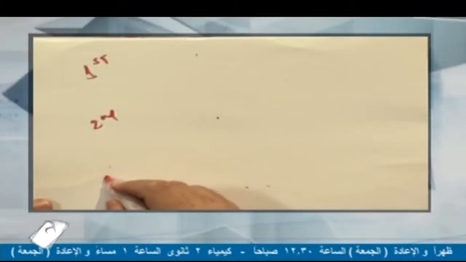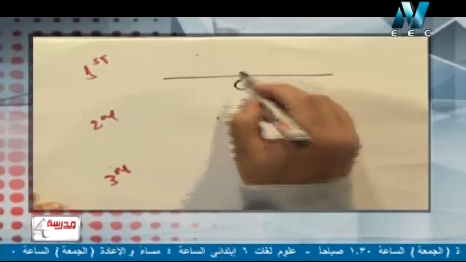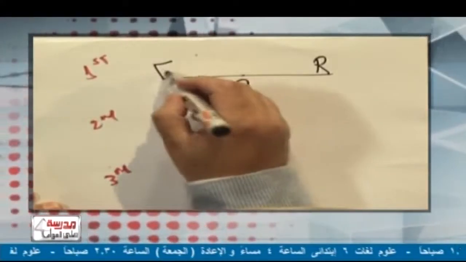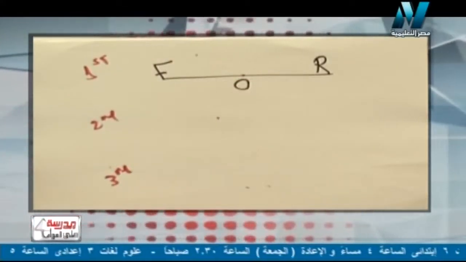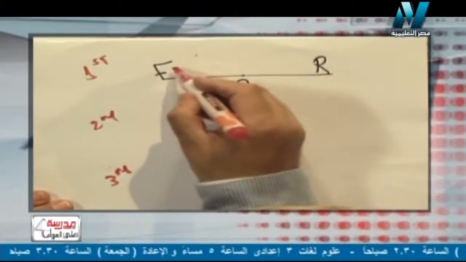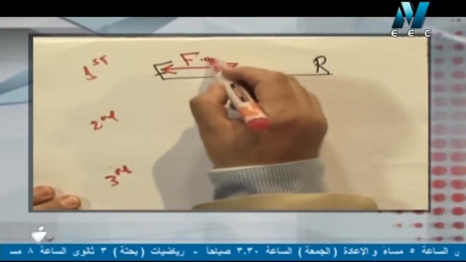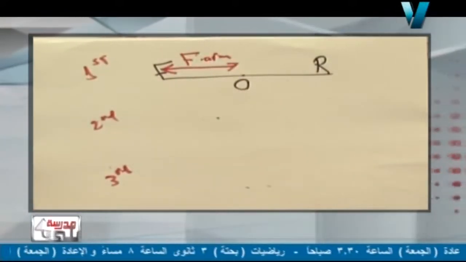So now let me draw the 3 types of lever and determine on each one the effort force arm and the resistance arm. First type of lever: we know it has O in the middle between R and F. Where is the effort force arm? I will draw the effort force arm in red. It will be this effort force arm. Where is the resistance arm?